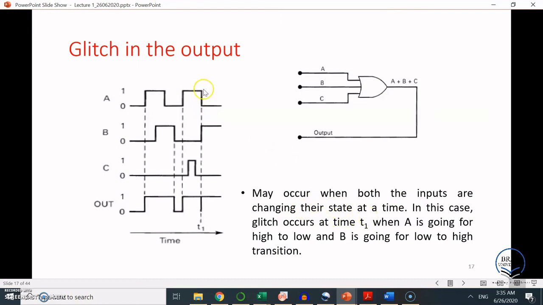Like A is changing from high to low, B is changing from low to high. So both of the inputs are changing at the same time. In this case, a glitch occurs at time T1.